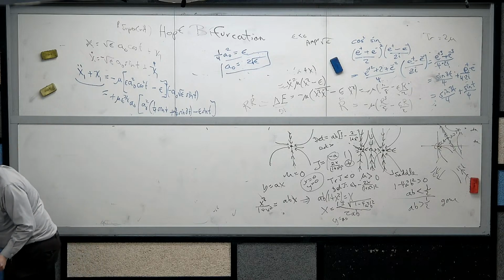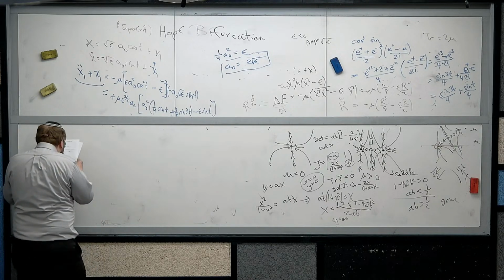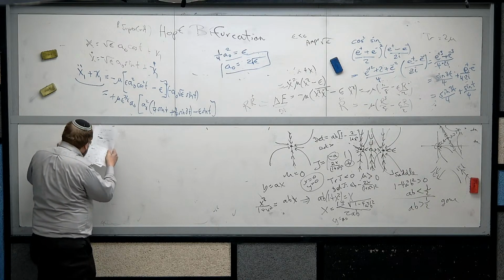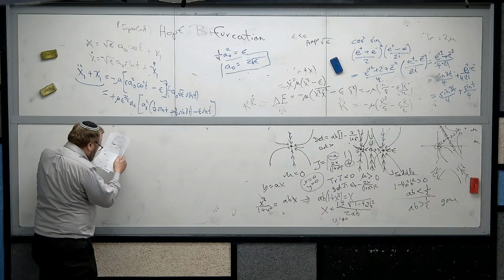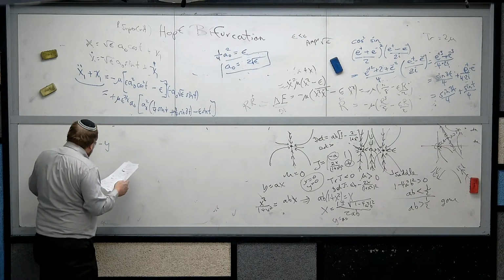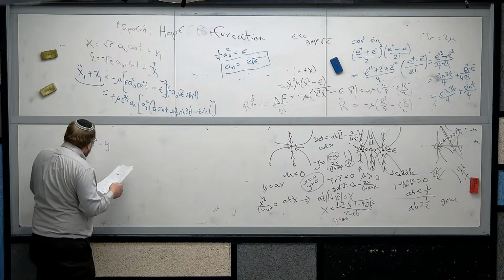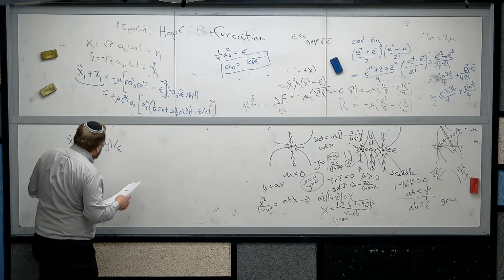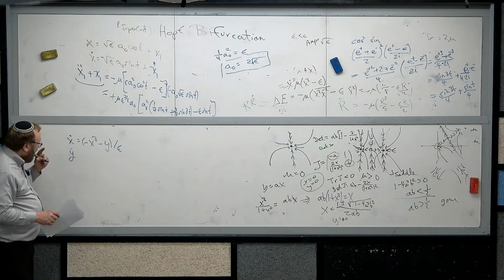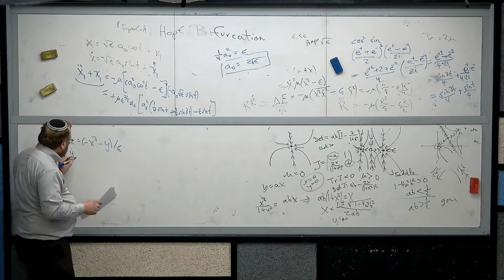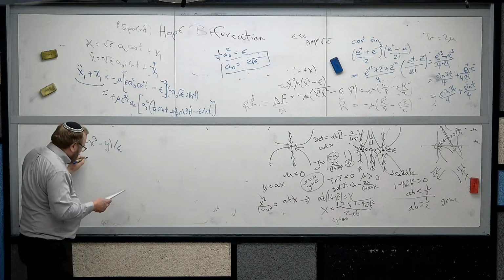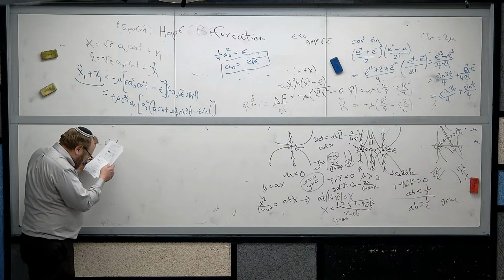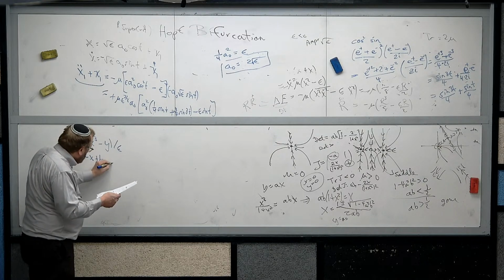Following system: x dot is minus x cubed minus y, and in principle we're going to put here divided by epsilon for good measure, and y dot is equal to minus x plus b y minus a.